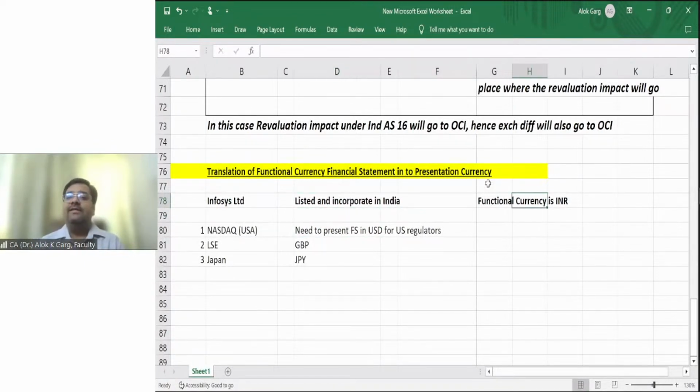Although the functional currency is INR, it needs to present its financial statements in US dollar, GBP and Japanese yen for different regulators across the world, because it is listed there.